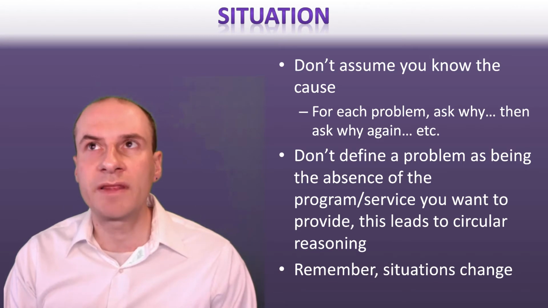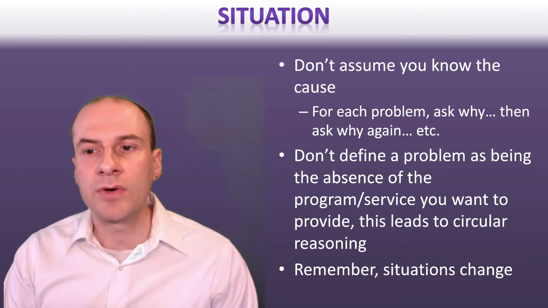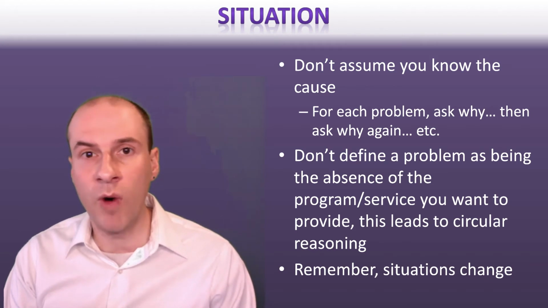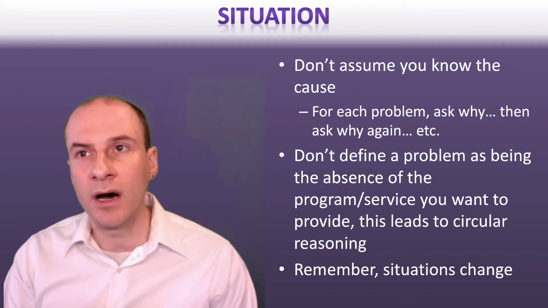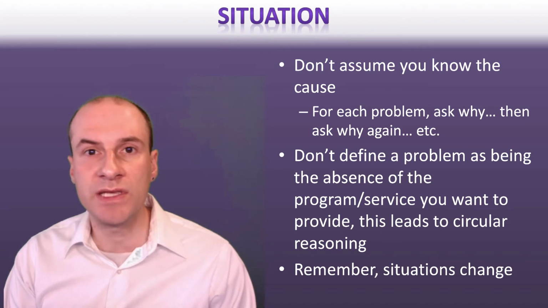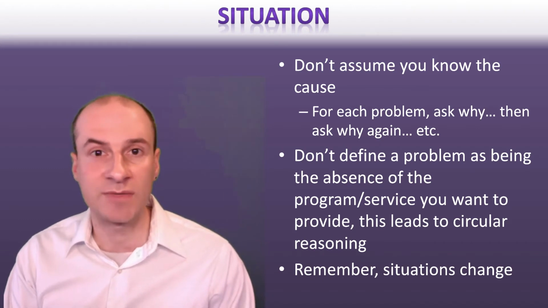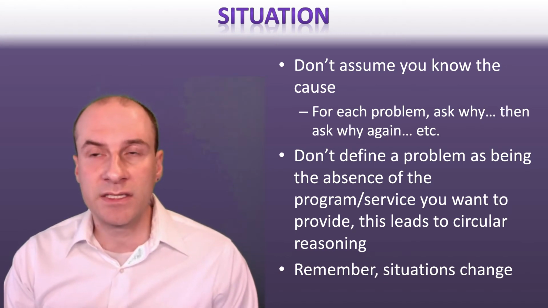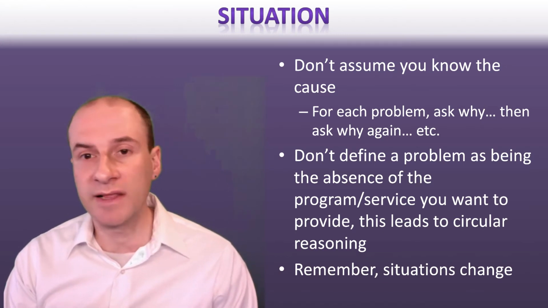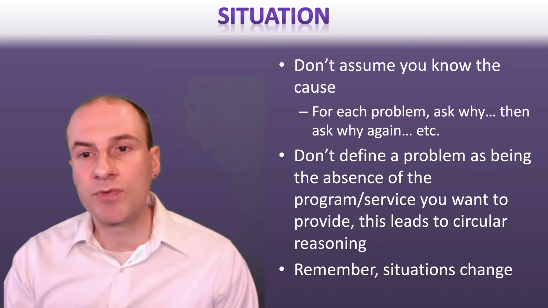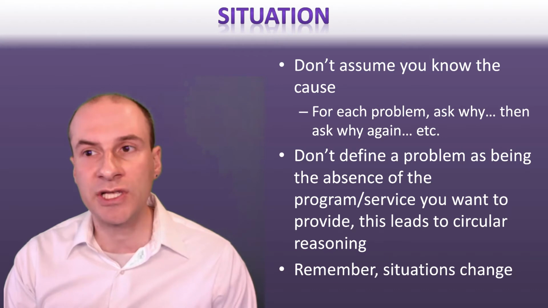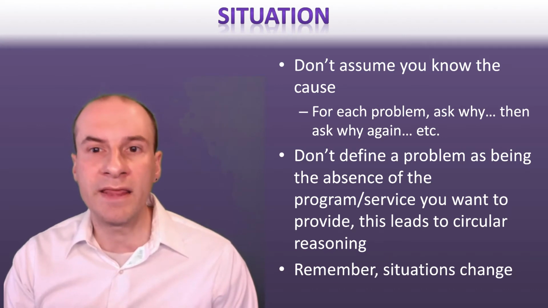As we're thinking about the situation, don't be too quick to assume that you know the cause of why a situation is occurring. The risk here is that sometimes we satisfy ourselves with surface explanations for why something is a problem, and that's sometimes because that's just the thing that's most obvious to us. But there's real value in stepping back, taking a critical approach, and actually asking why that situation occurs.